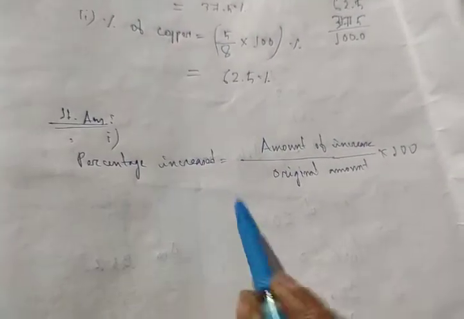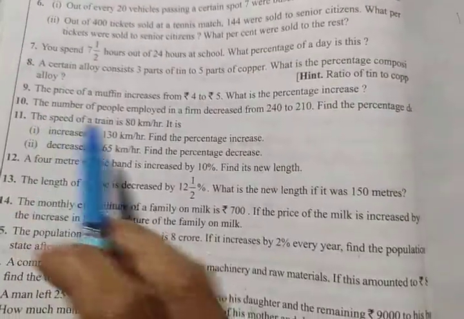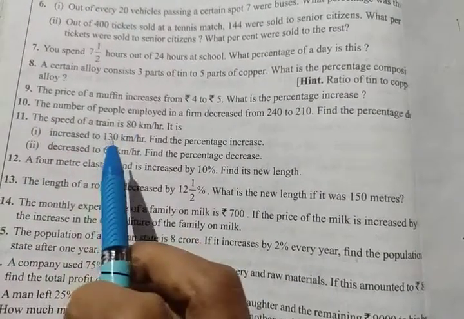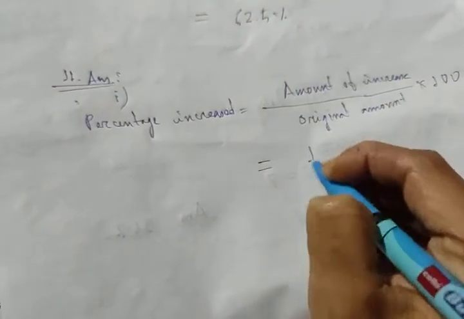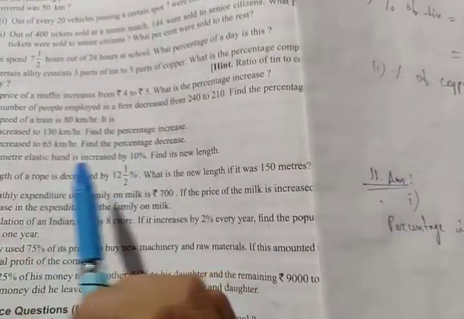So now, percentage increase, amount of increase. Now see here, initially it was 80, it was increased to 130. That means what? Amount of increase is the difference between the two numbers. Is it clear?